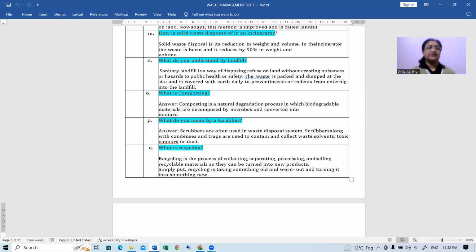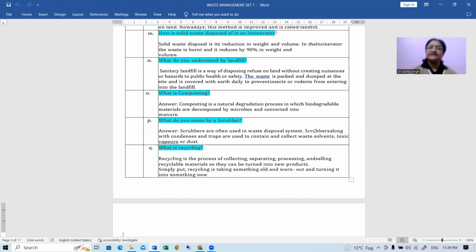Since there is no foul smell, the release of methane gas is very low, so pollution is caused to a very small extent, right? So there are many such things which are a little better than open dumping.